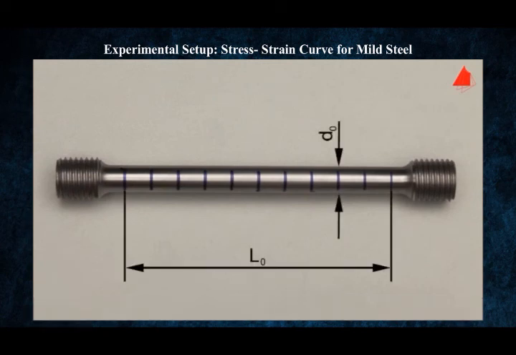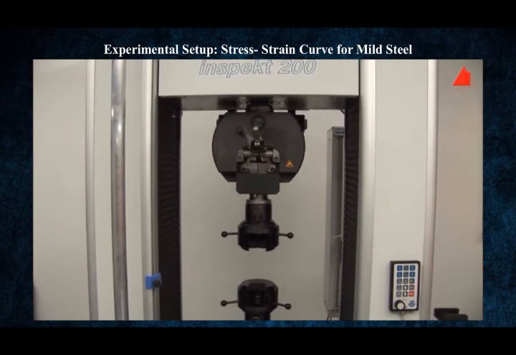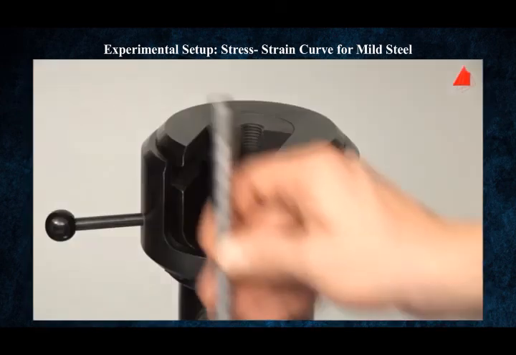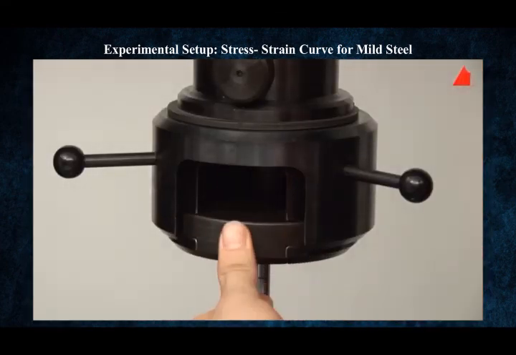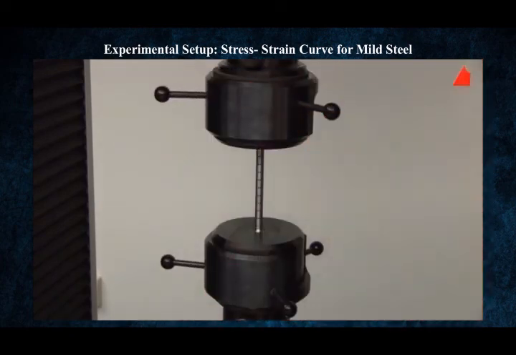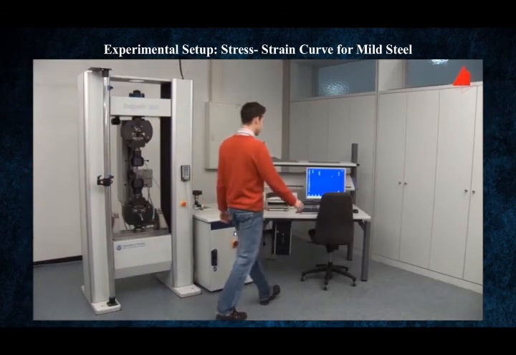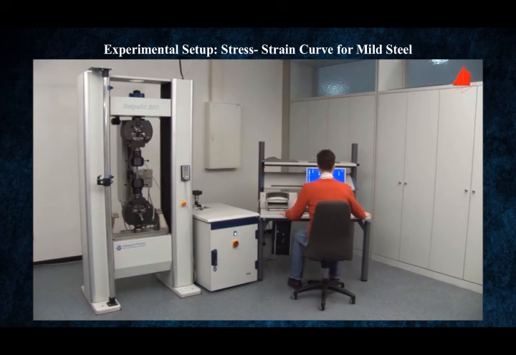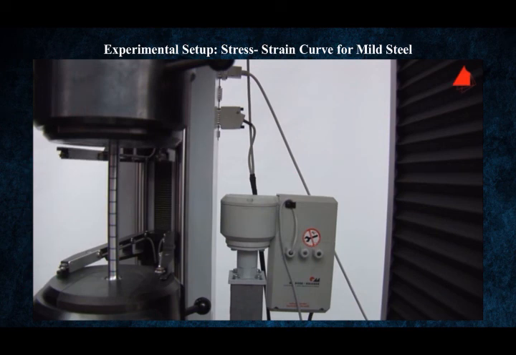This is a mild steel specimen, and L naught represents the gauge length and D naught is the diameter. This machine is called the Instron machine or the Universal Testing Machine, UTM. This is the insertion of the specimen. What this machine does is give a tensile force to the specimen, and there are strain gauges fitted also.